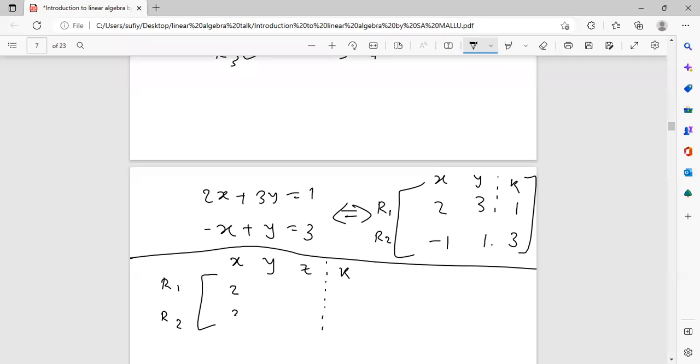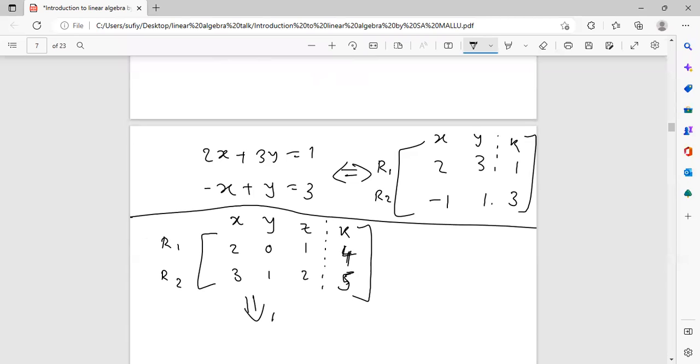I'll say 2, 0, 1, 4, 3, 1, 2, 5. My question to you guys now: how do we go back? Let's pretend that this time you're given an augmented matrix, and now how do we write a system of equations, right?